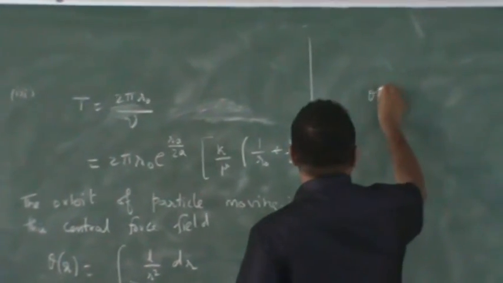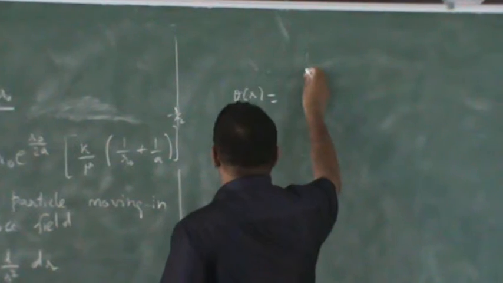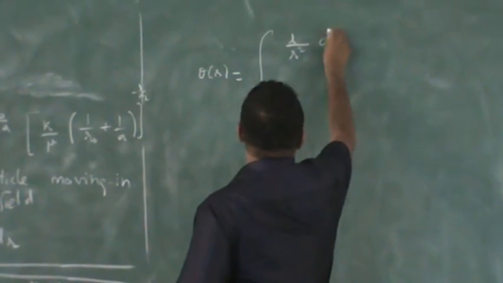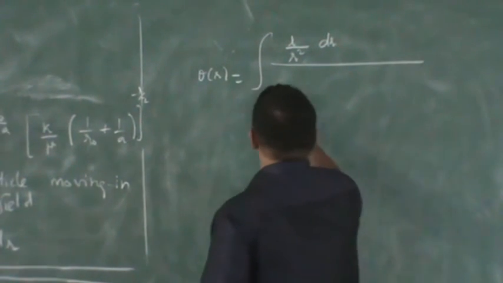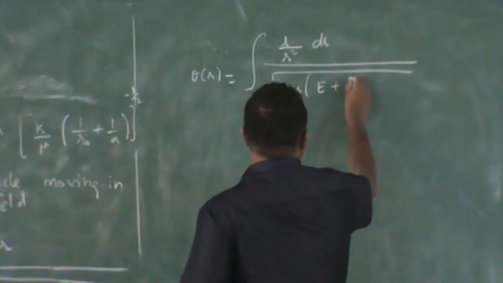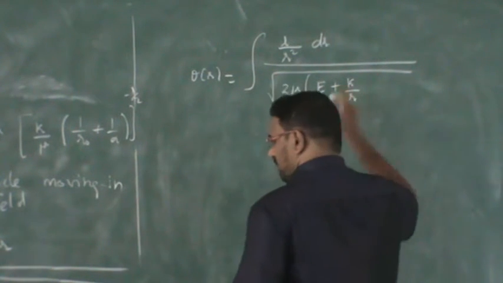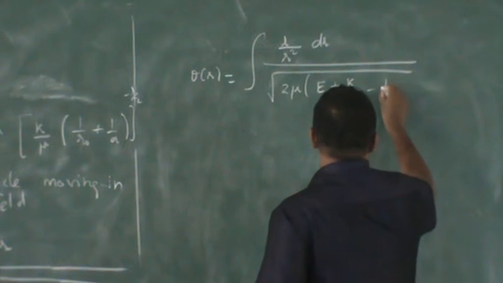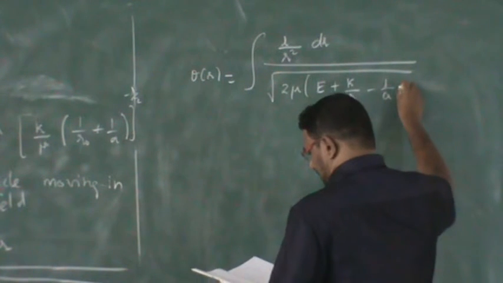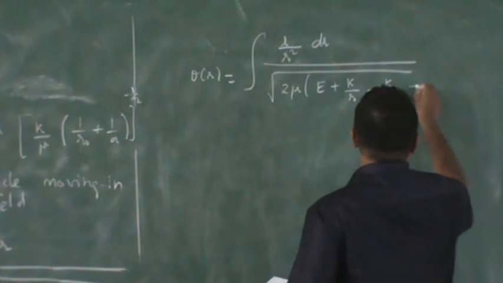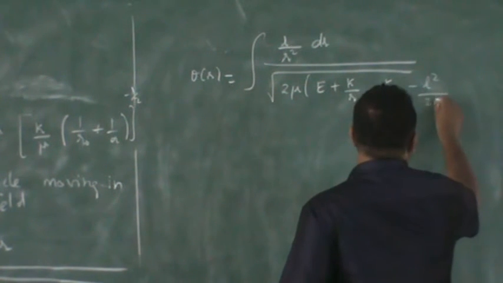So therefore this is θ of r, that is equal to the integral of L by r² dr, the r gets cancelled, 1 over a, and then k by a, and then minus L² by 2μr².